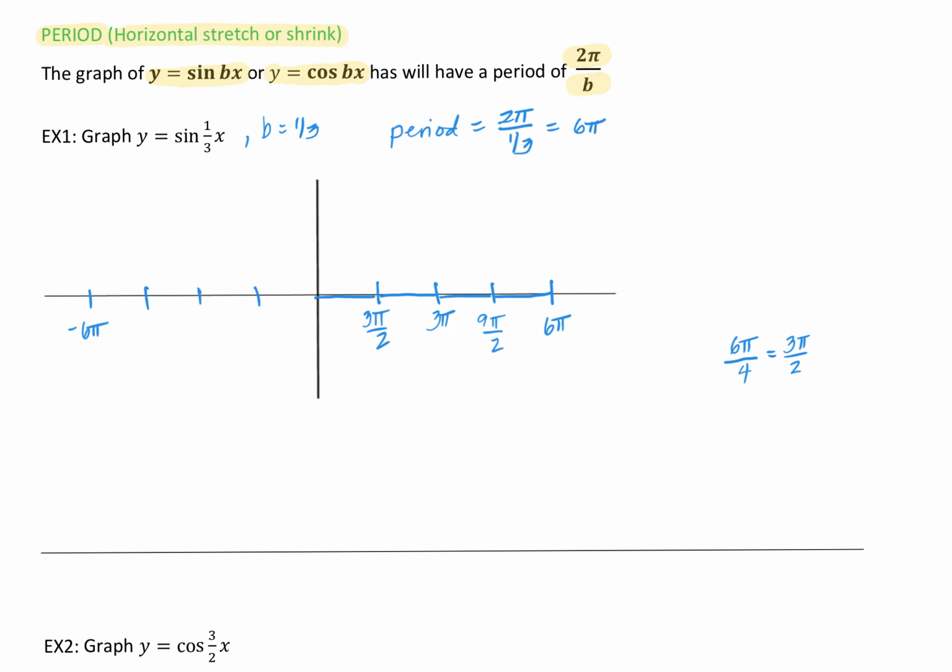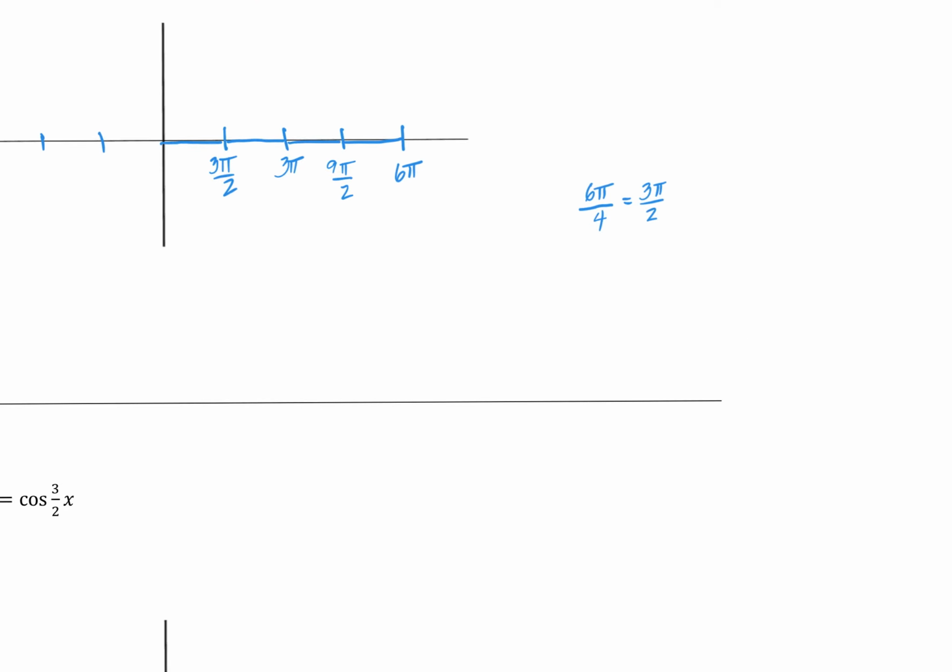So here, this is what I mean. I'll do this off to the side. The first distance was 3 pi over 2. And then the next point would be 2 times 3 pi over 2. So you see that 6 pi over 2, or the 2's canceling, you see that's our 3 pi. Then the 9 pi over 2, that was going a distance of 3 of these 3 pi over 2, which would give us the 9 pi over 2.